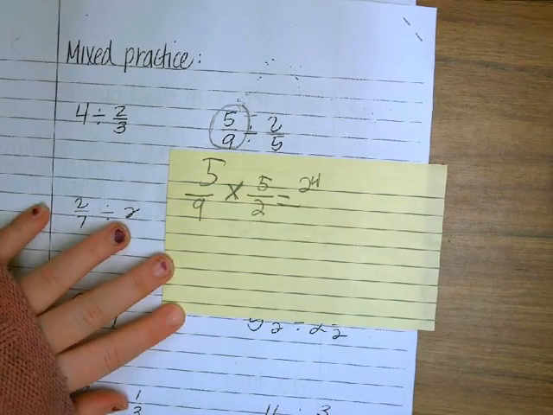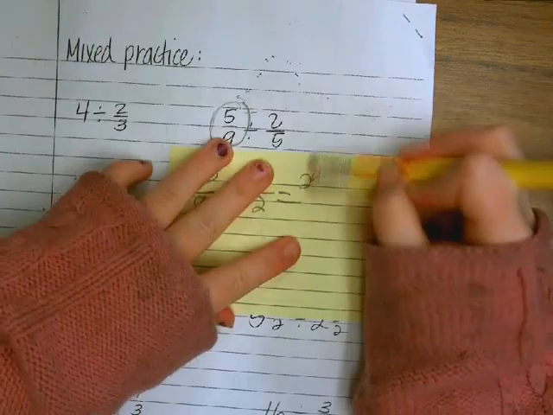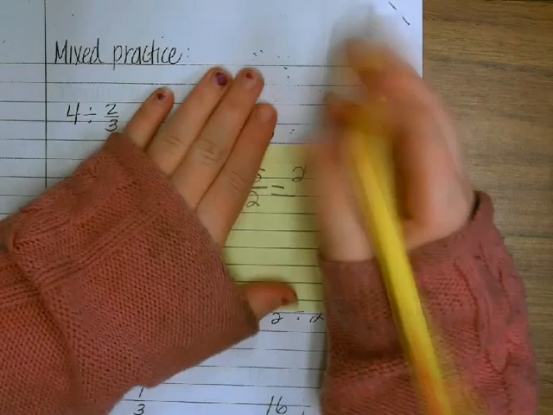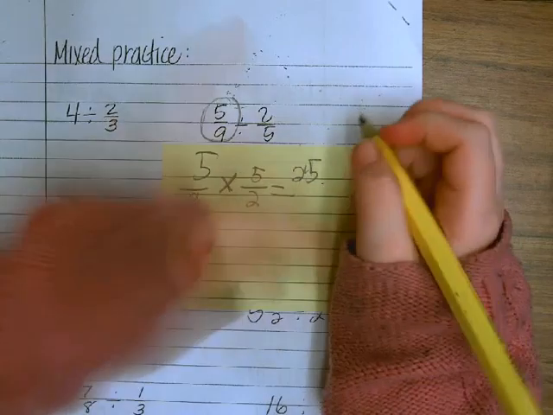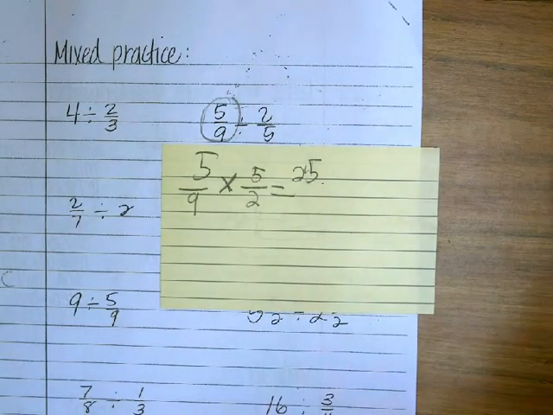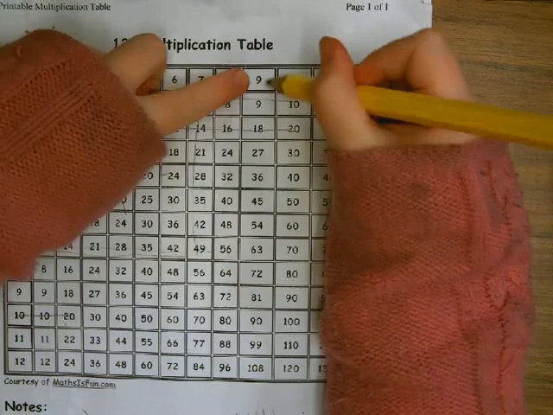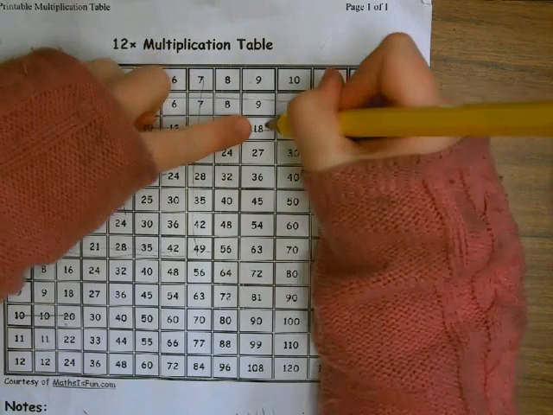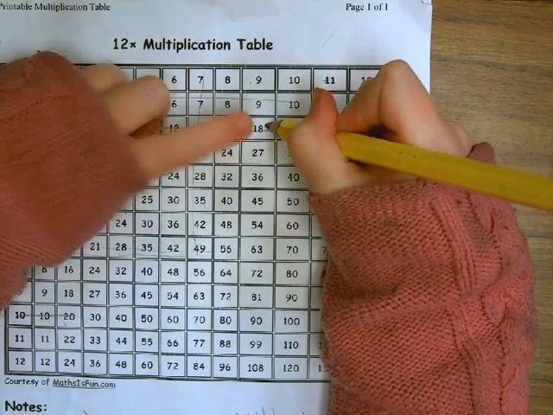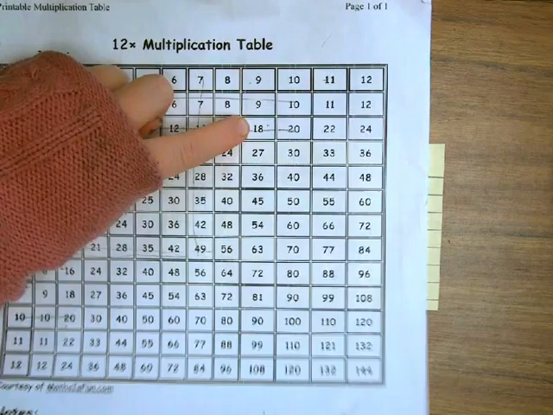Let's see what 9 times 2 is. 9 times 2 is 18. Okay. Write it down.